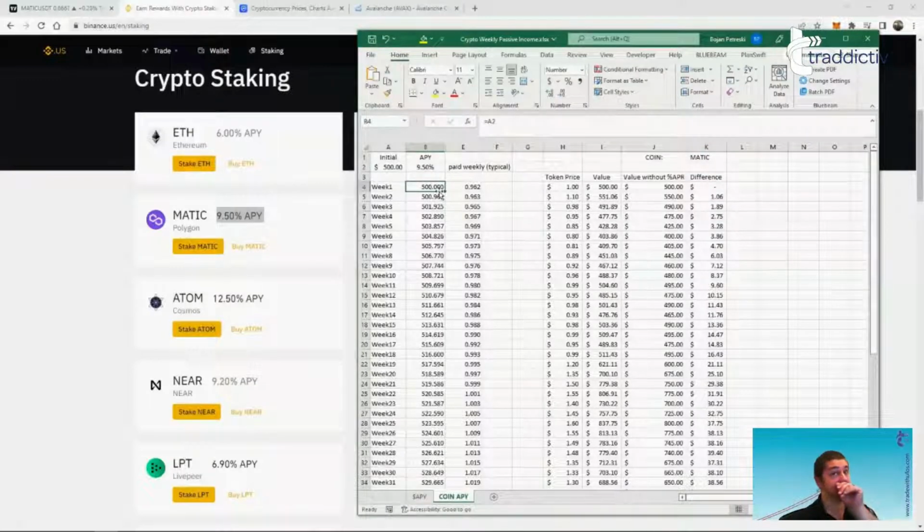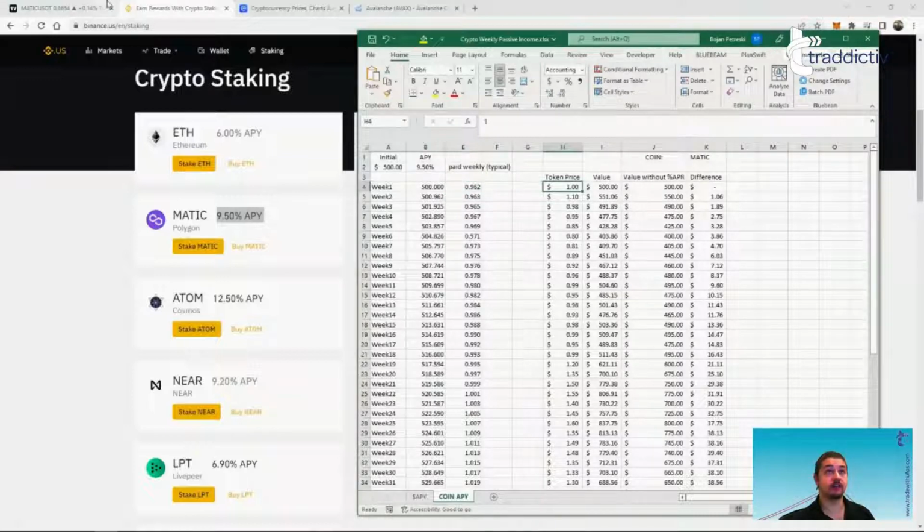Let's say we do purchase it today, and the payout is at 9.5%. We're going to be earning close to one extra token per week. Now the token price here we're going to change.